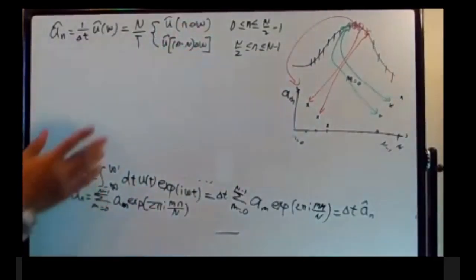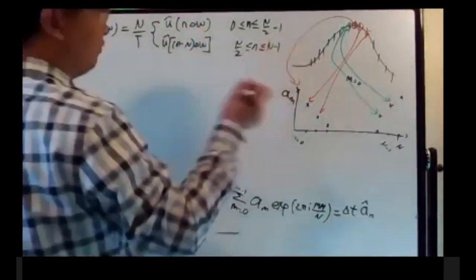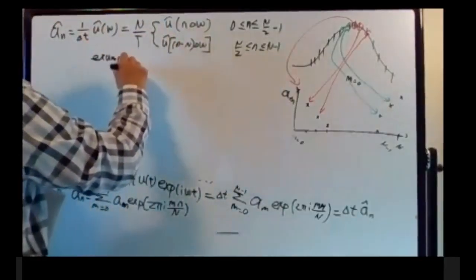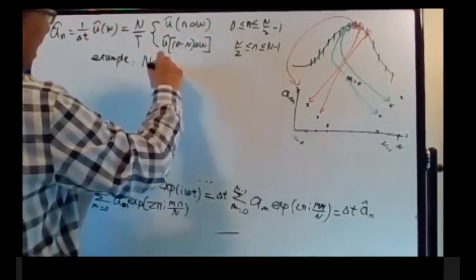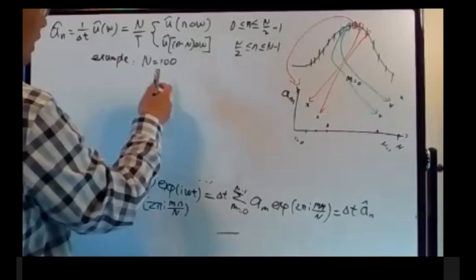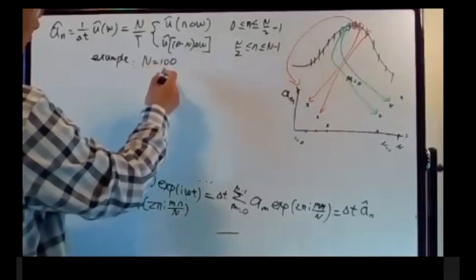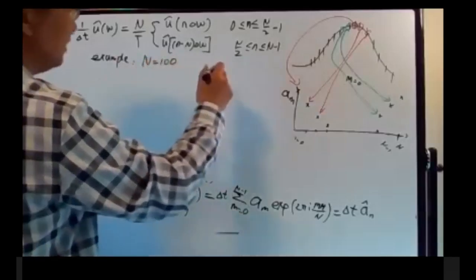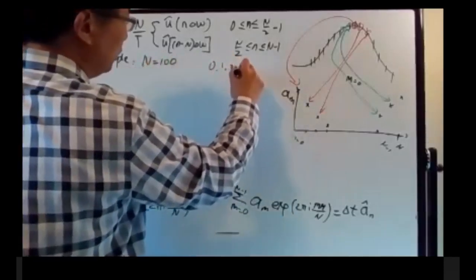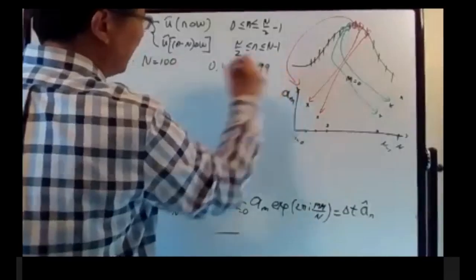So let's have an example. N is 100. We have the numbers from 0, 1, 2, all the way down to 99.